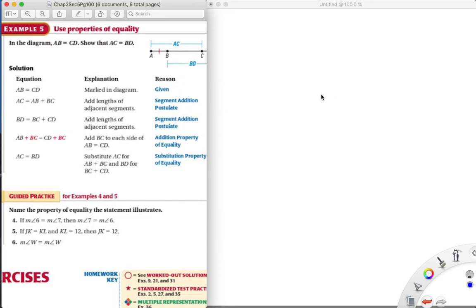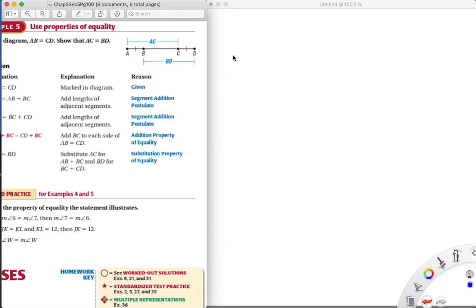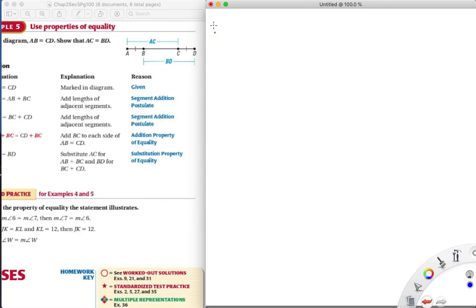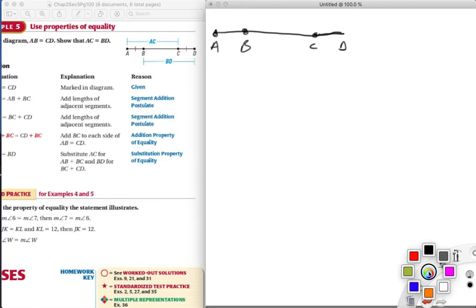We have this line segment. We have this line segment, A, B, and we have C, D. We have that CD is equal to AB.